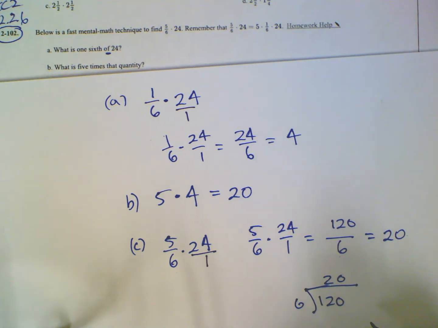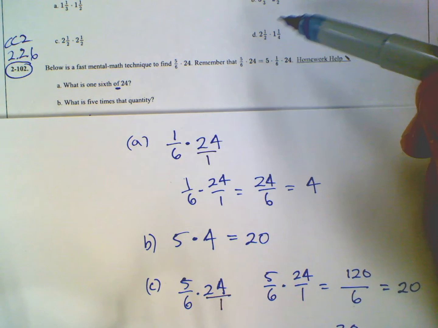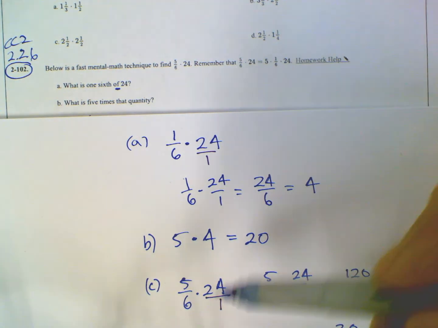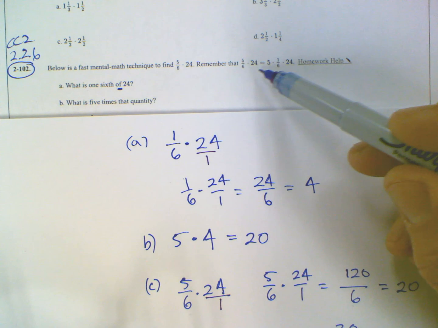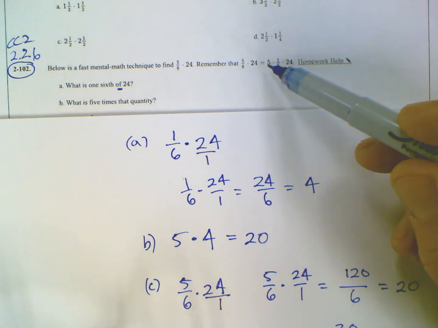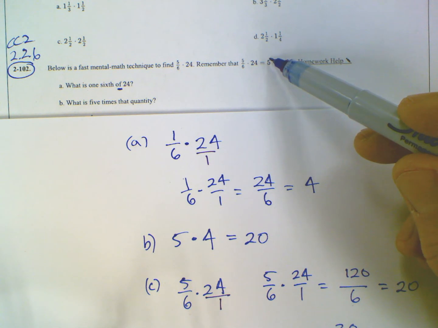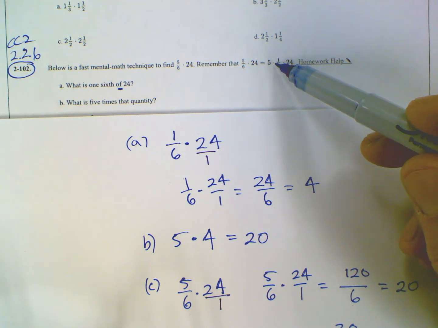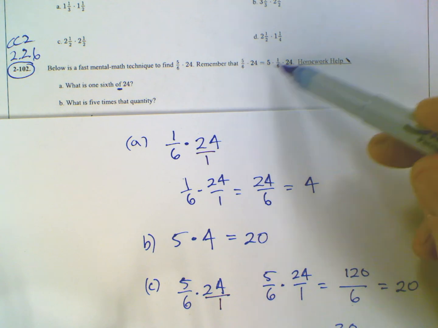So what they're trying to show you is the quick way. What's the point of this problem? The last question, 5/6 times 24, is how they started. What they did is break it up: instead of 5/6 times 24, it's 5, the numerator made into a whole number, times 1/6, which is just that fractional piece, times 24.